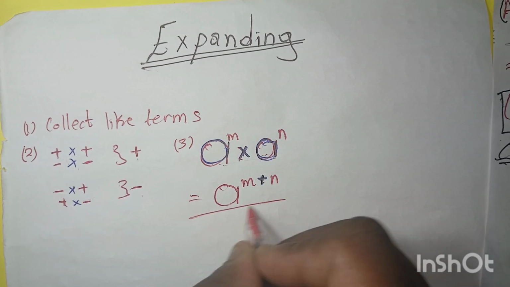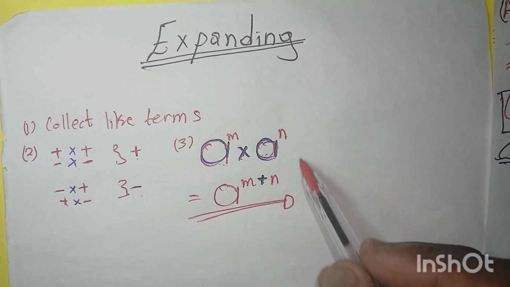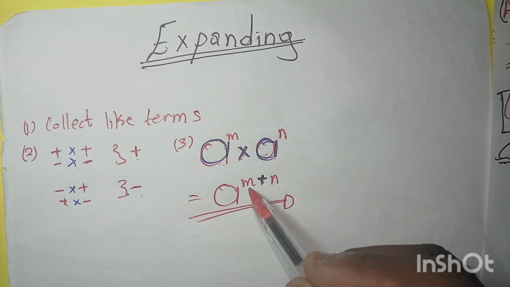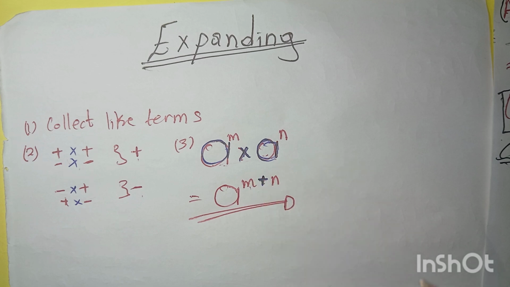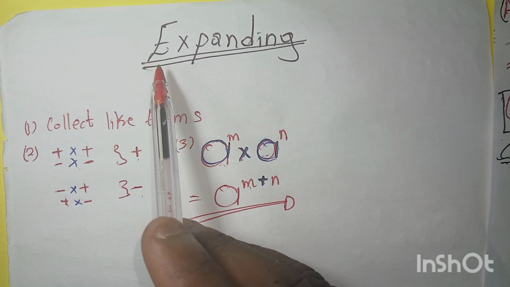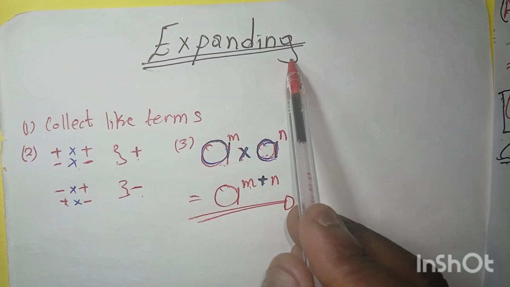This is the rule that you should know from laws of exponent. But if you haven't learned law of exponent, don't worry. That's where you start to learn law of exponent, from this topic of expanding.